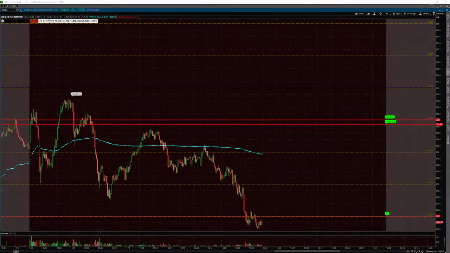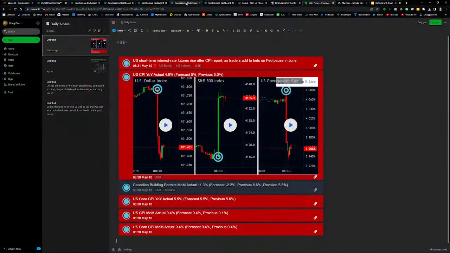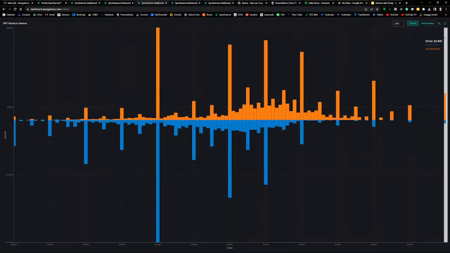And now let's talk about shifts in levels. And while I'm doing that, I'm going to take a look at the absolute gamma levels. So we'll see where these levels come from. So first of all, this is for SPX.